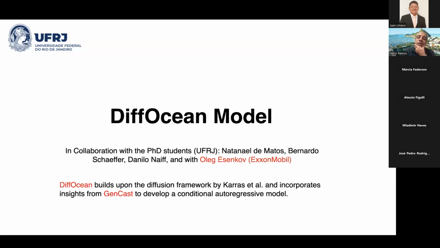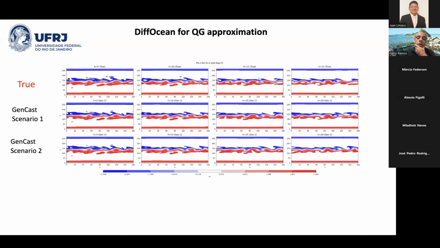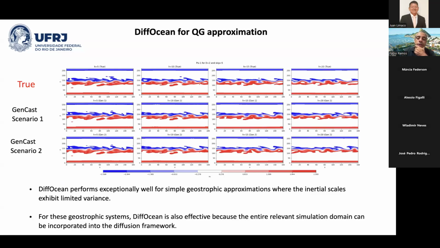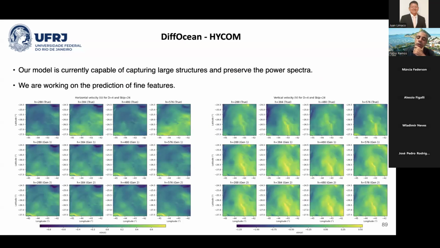And we are working with ExxonMobil as well on this front to have a forecast of ocean models. We already have results for simple geostrophic models, and we also have some results for full Navier-Stokes. And so it seems it works, right?